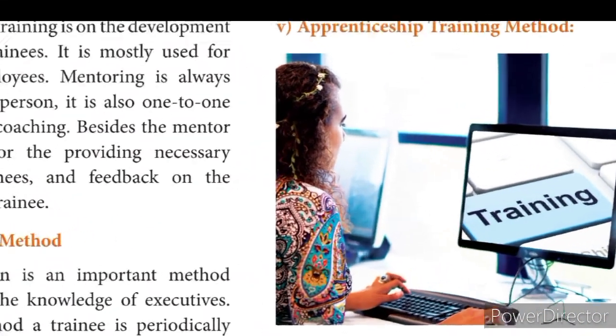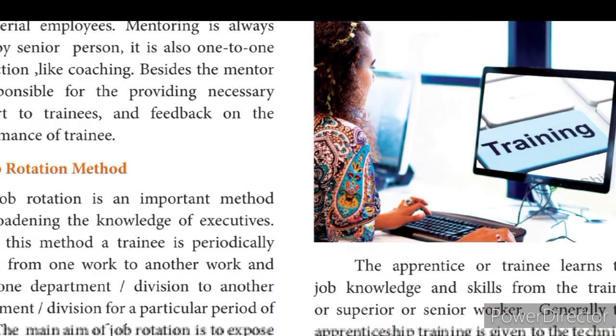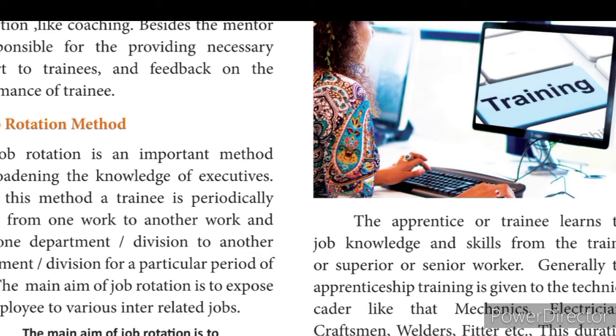See, the apprenticeship training method. What is the apprenticeship training method? The apprentice or trainee learns the job knowledge and skills from the trainer, superior or senior worker. So he learns the job, isn't it? It is very simple. I told you one example, chartered accountant and all.